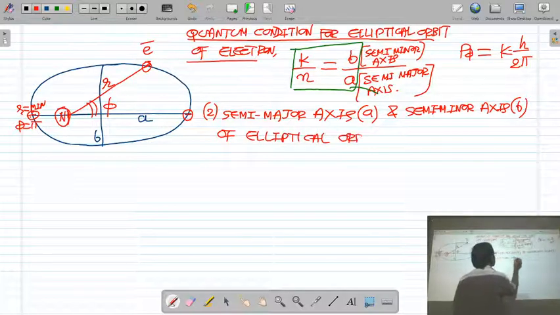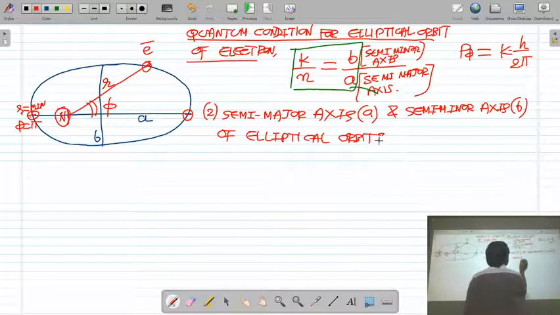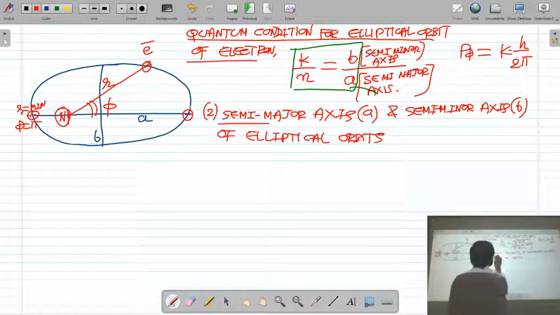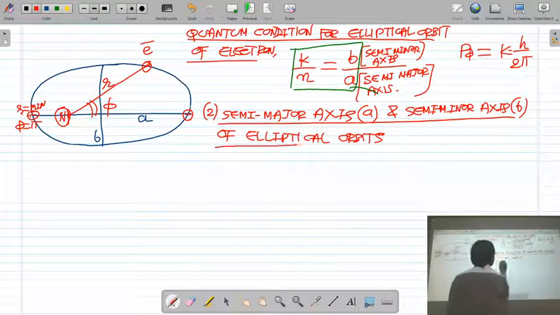Now let us determine the semi-major axis A and semi-minor axis B of the elliptical orbits.